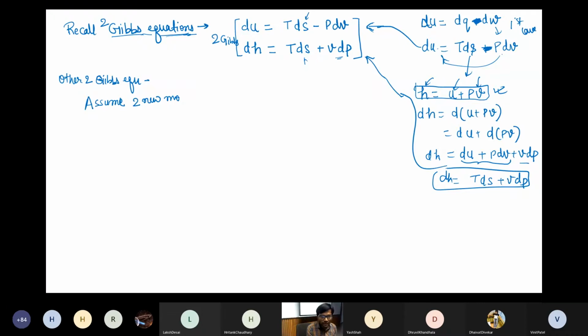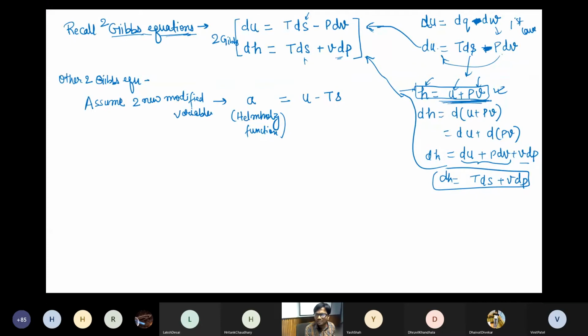Another two modified variables we choose. One we choose A, and we call this the Helmholtz function. Nothing to worry about, this is just a name. We define A as U minus TS. Remember H I defined as U plus PV with no implicit meaning.